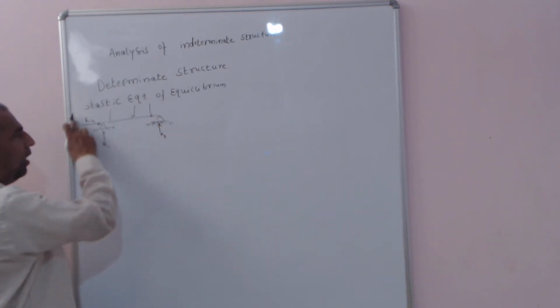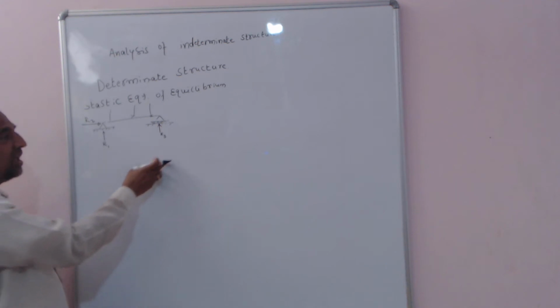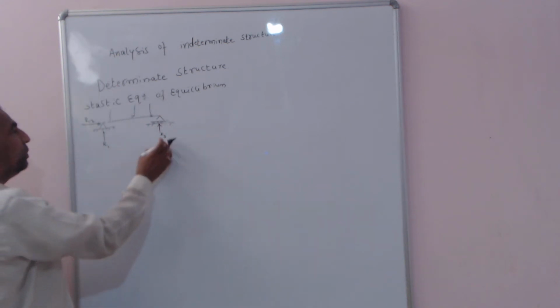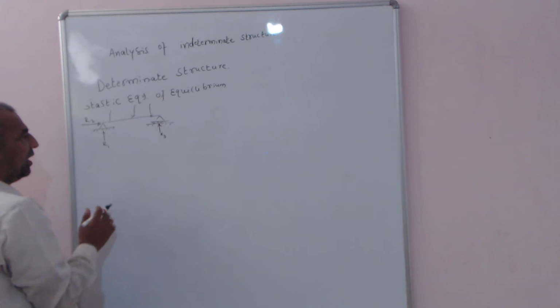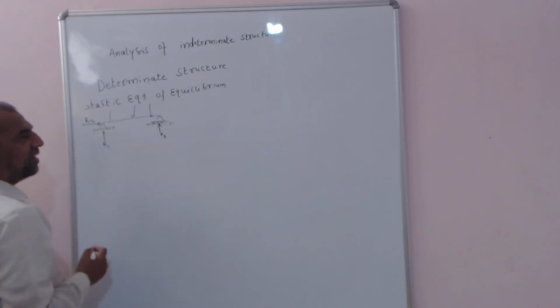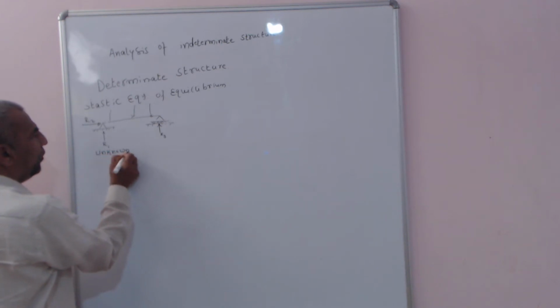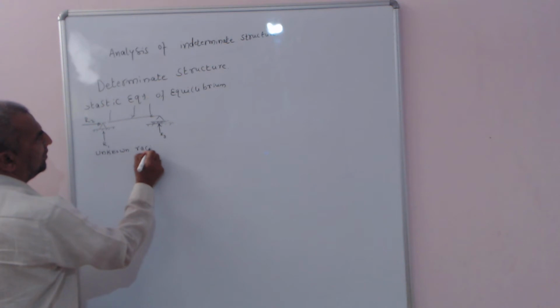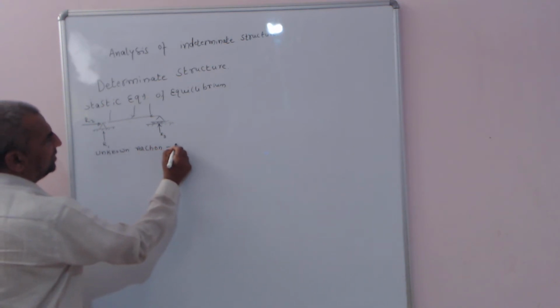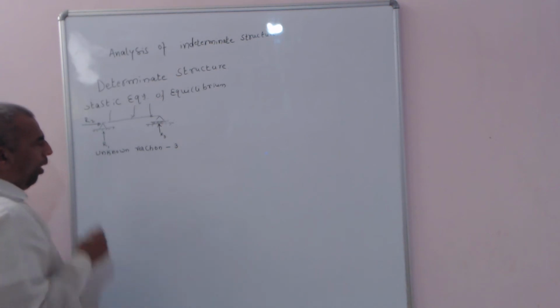In all, how many reactions are there for this particular structure? Yes, 3 unknown reactions are there. Reactions are unknowns, I can call them unknown reactions. Three.